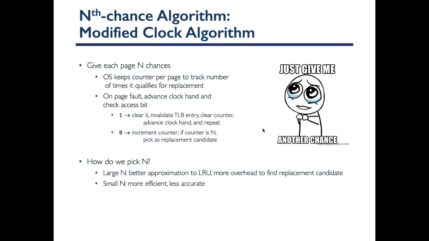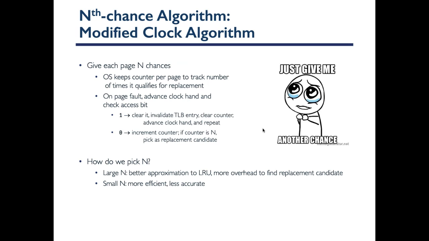So now the question is, how many chances should we give? If you pick a large n, that better approximates LRU, because you're making more partitions. Instead of 2, you now have n+1 partitions. Now with better approximation comes an overhead for finding the replacement candidate.